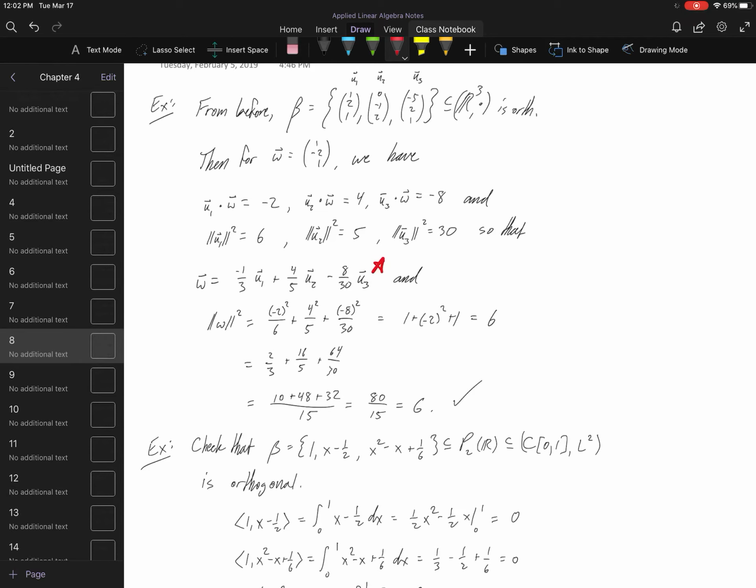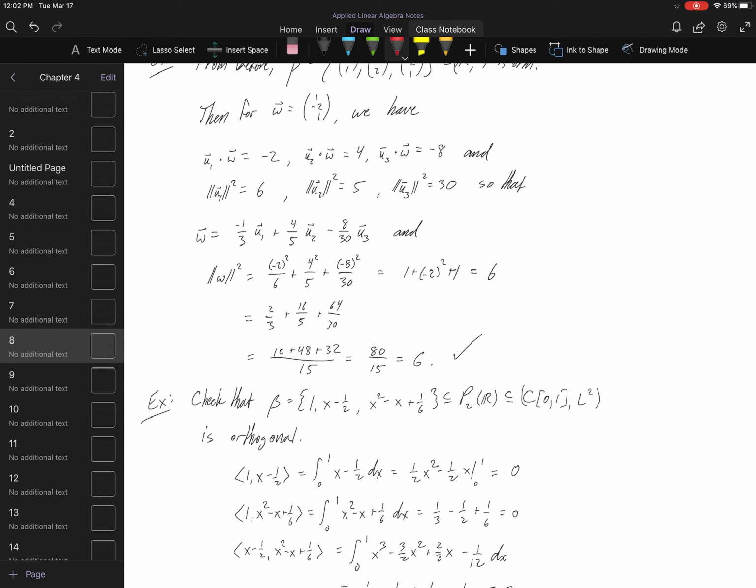And you can verify that this is indeed what we have to do to create the W vector with the orthogonal basis U, or beta, I suppose. We can also check that the length squared of this W vector is going to be exactly what happens when we square up not just those components, unfortunately, but just their numerators, really.